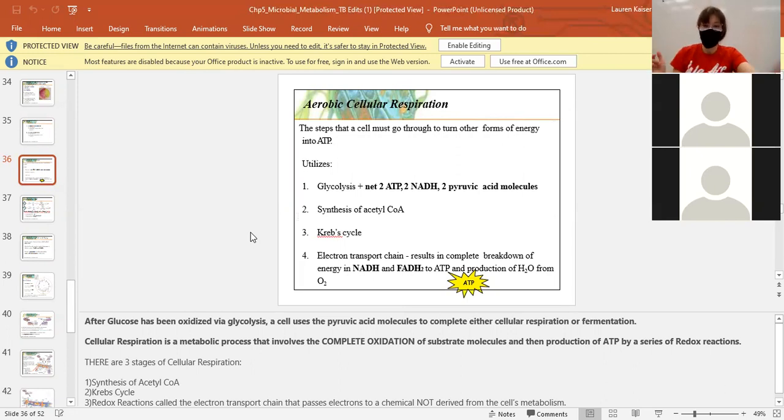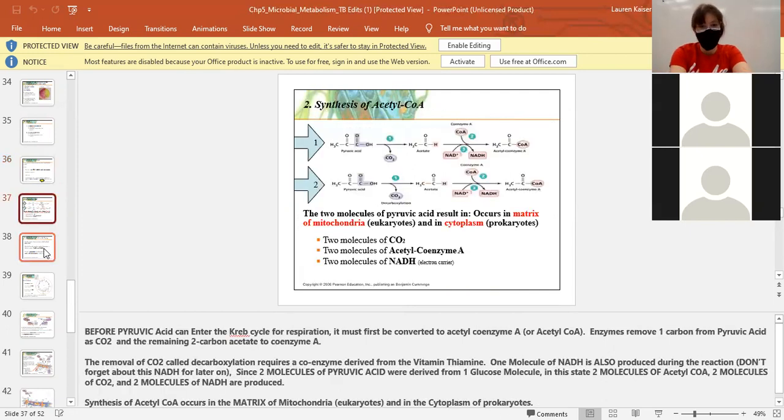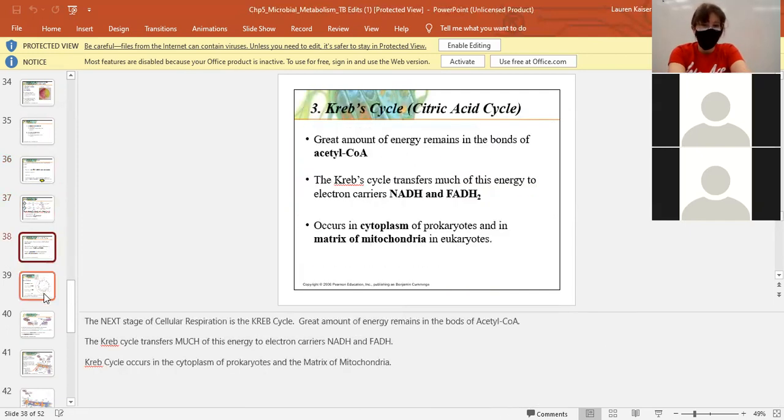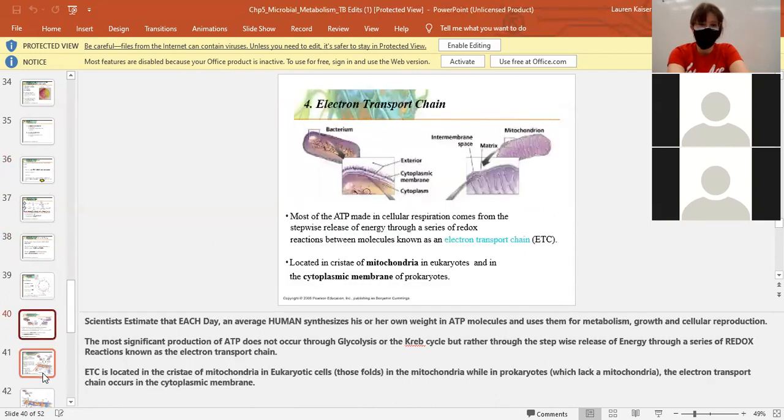You'll probably need to know what goes in and what goes out for every single step, and that's just memorization. We have the Krebs cycle and then, all the way down here, the electron transport chain, where most of the ATP comes from.